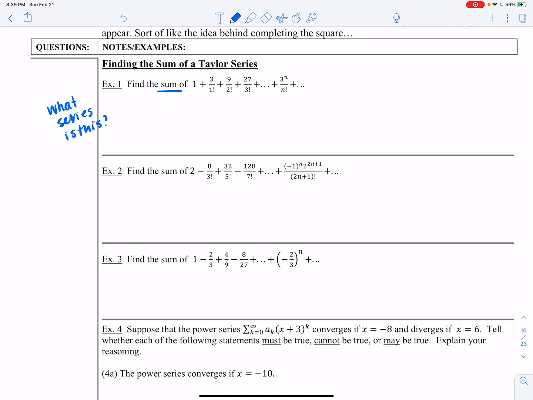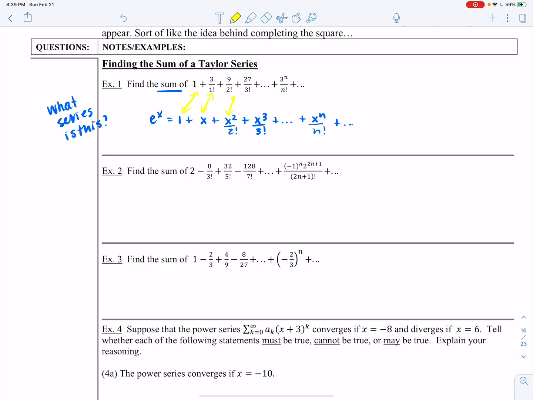So if you look at it, let's clue into some things we know. We know that e to the x is 1 plus x plus x squared over 2 factorial plus x to the third over 3 factorial plus dot, dot, dot plus x to the n over n factorial. Well, this kind of looks like that. I can see 1.